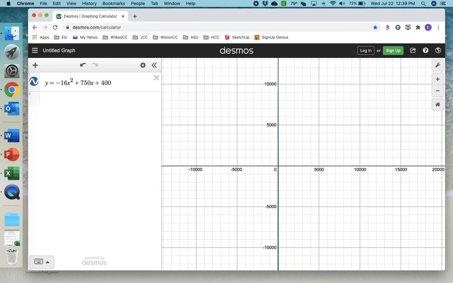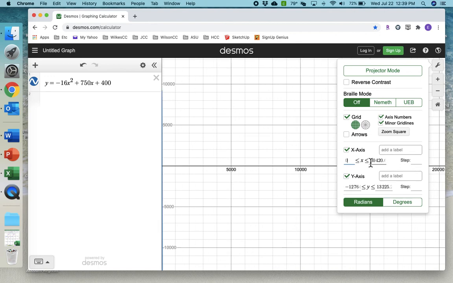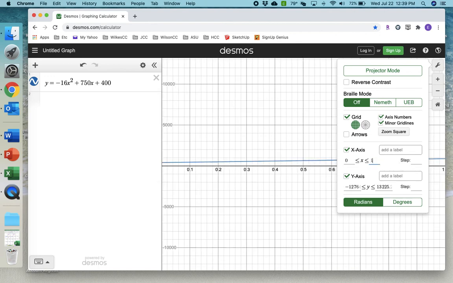So we need to change our viewing window quite a bit. Let's just do 0 to 100 for the x, and we can always change it if it's not big enough or if it's too much. And that looks pretty good from there.